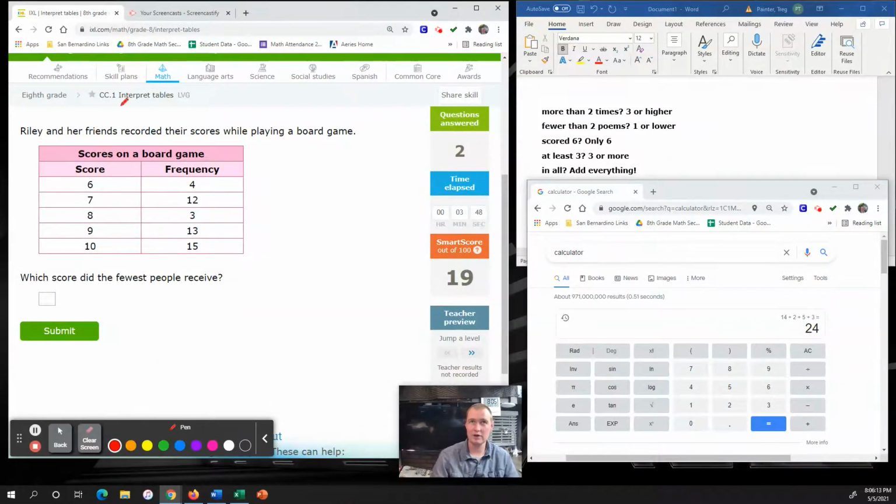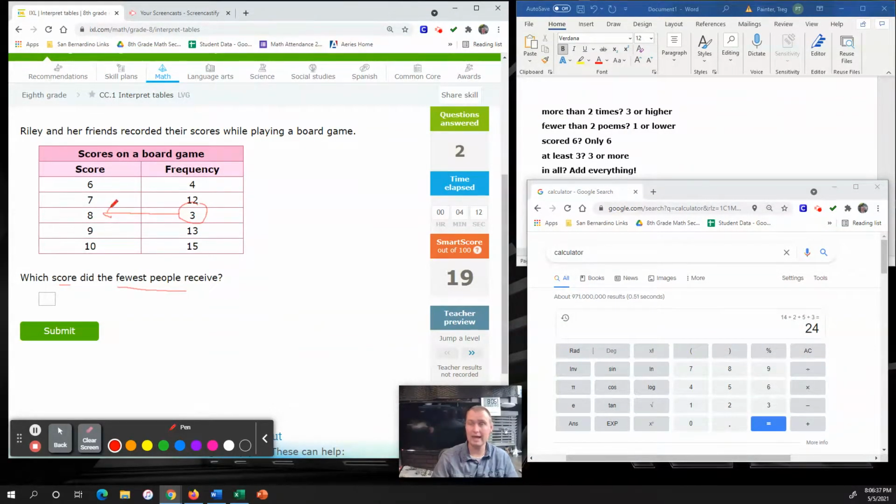Riley and her friends recorded their scores while playing a board game. Which score did the fewest people receive? So the fewest people. We're going to look at the score and the frequency. Because we're looking for which score, the answer is going to be on the left side. So we need to refer to the frequency first. The smallest frequency is a 3.